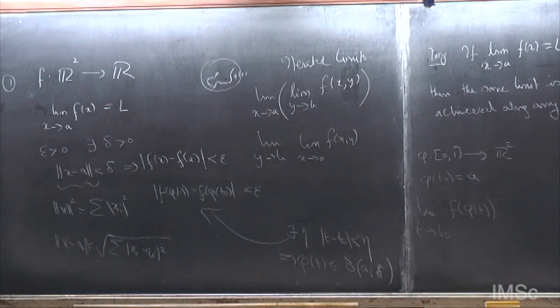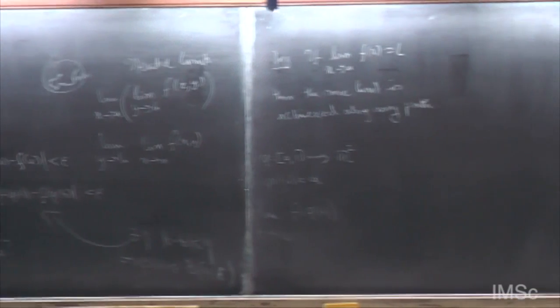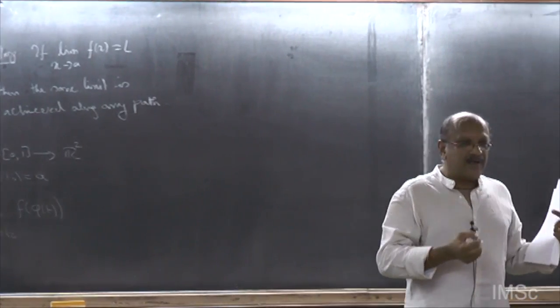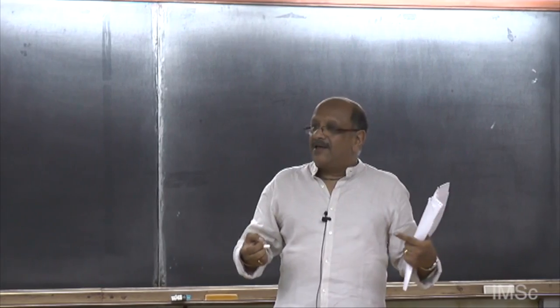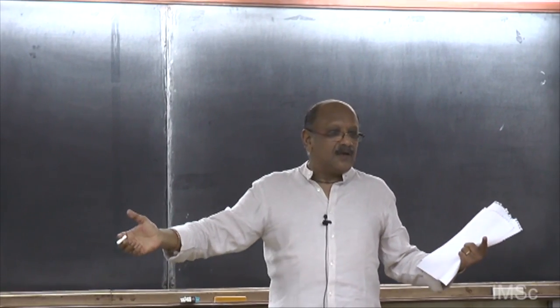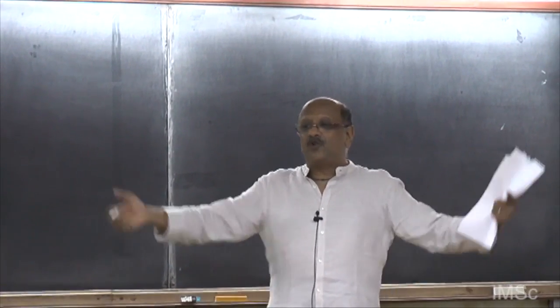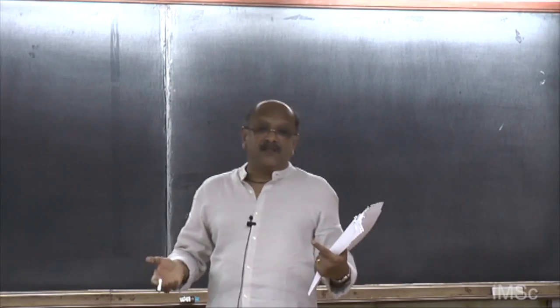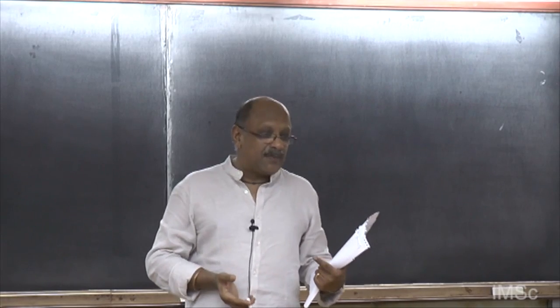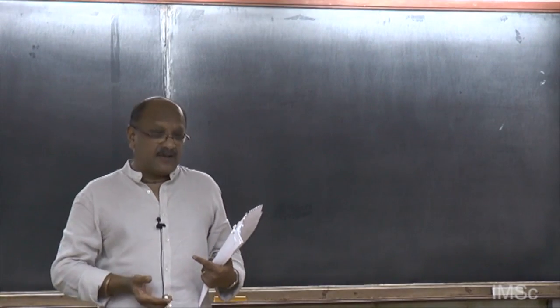So, how do you use this theorem? The way of using it is to show that if I have two paths along which I get different limits, then I will say the limit does not exist. Because if the limit exists, then it should be the same along any path. There are millions of paths, so you cannot check every path, but you can use it as a negative test.